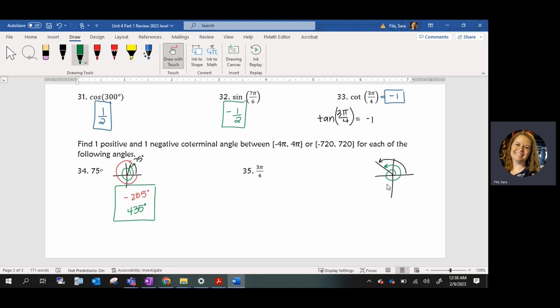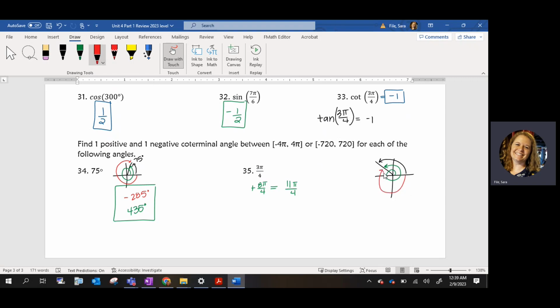So a full circle, which is 2 pi, would be 8 pi fourths. So I add 8 pi fourths, which is adding a full circle. So 3 plus 8, because I've got a common denominator of 4, is 11 pi fourths. So that's the positive coterminal.